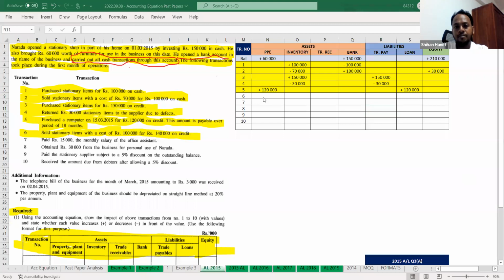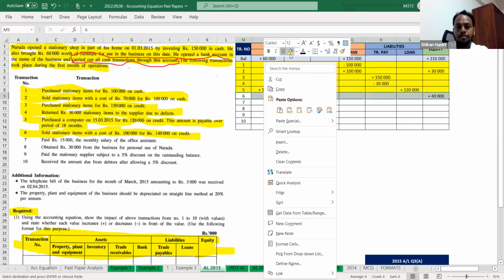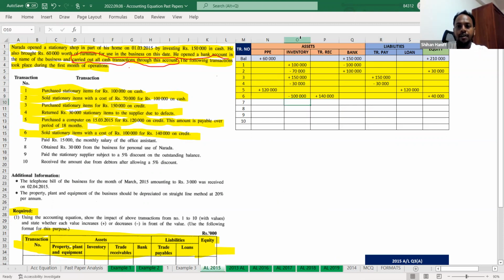Credit sales means we are giving the inventory to debtors, so trade receivables will increase by 140,000, and the profit is 40,000, which goes to the equity column. Inventory will reduce, trade receivables will increase, and equity will increase. So that's the double entry.